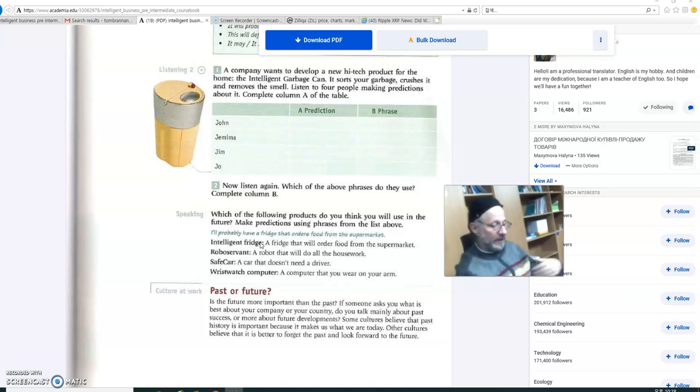You might be very negative about something. You might say, it won't solve this particular problem. I don't think it will sell. Or a safe car, a car that doesn't need a driver. How would you predict this product? What prediction would you make on this product? Robo-servant, what about that? What about the intelligent fridge? So I think you should look at how you would express your opinion. So see you in the next video.